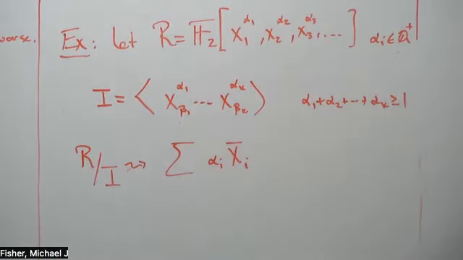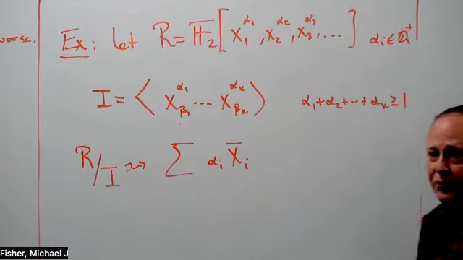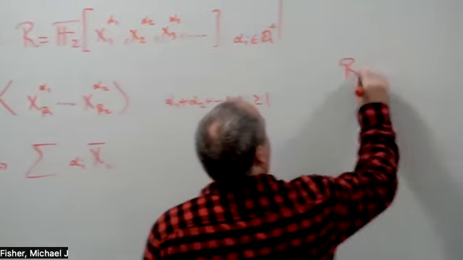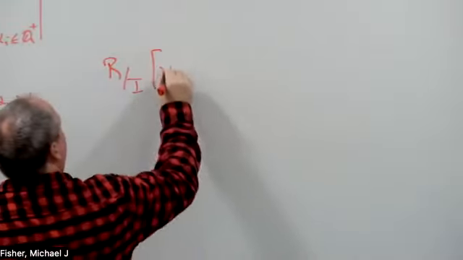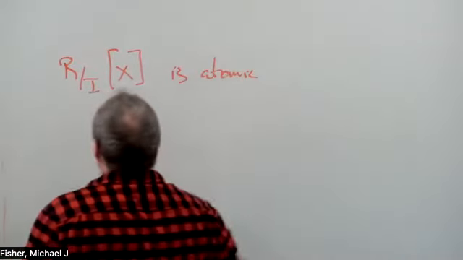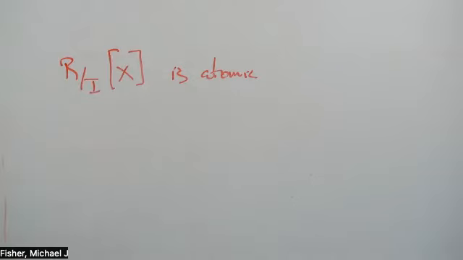However, and this is when I swore off zero divisors. If you take this ring and look at its polynomial ring, it is atomic. And in fact, you can look at a polynomial and bound certain factorizations.